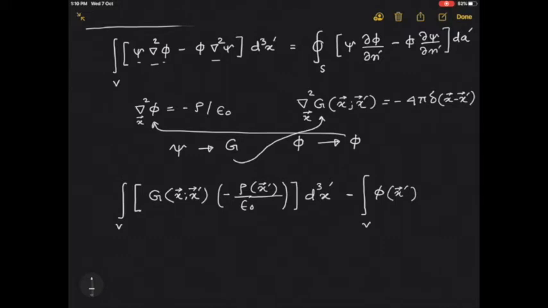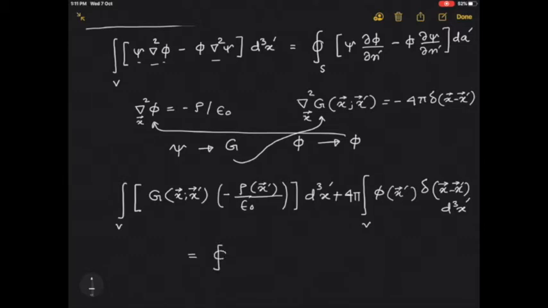And then grad square psi, which is grad square g, and I can replace it with minus 4 pi delta. That minus makes this plus 4 pi. And I get delta x minus x prime inside. So that is the left hand side of my Green's identity.